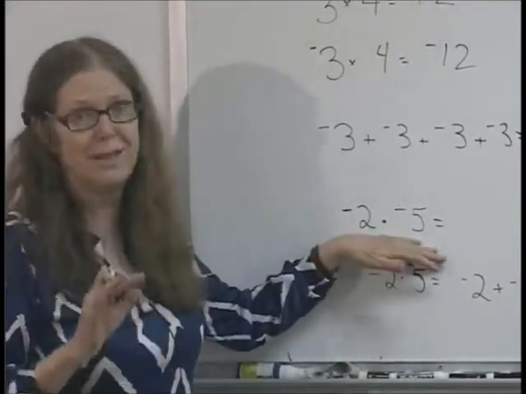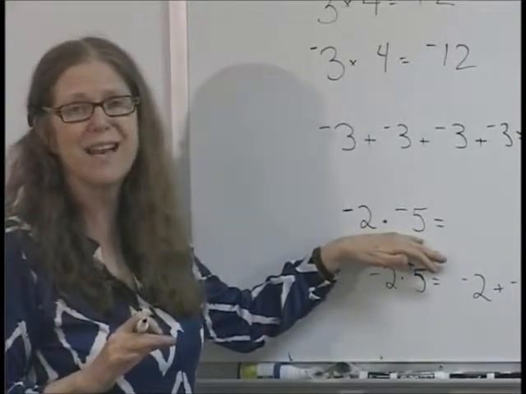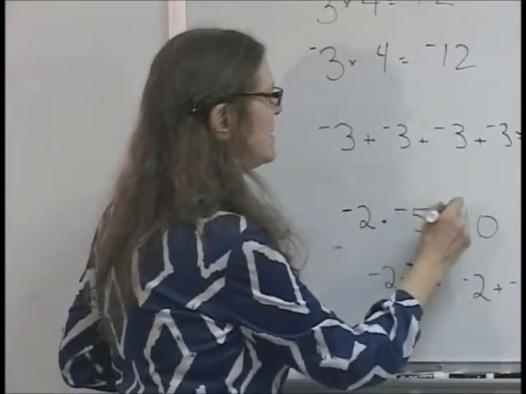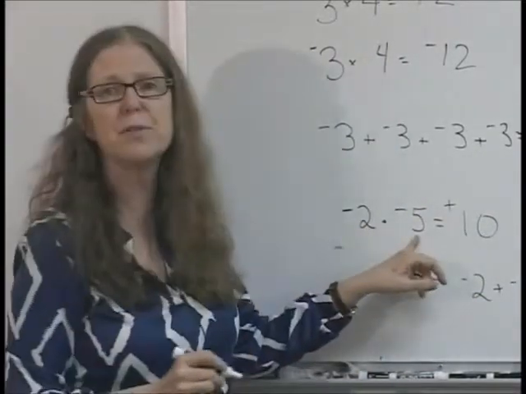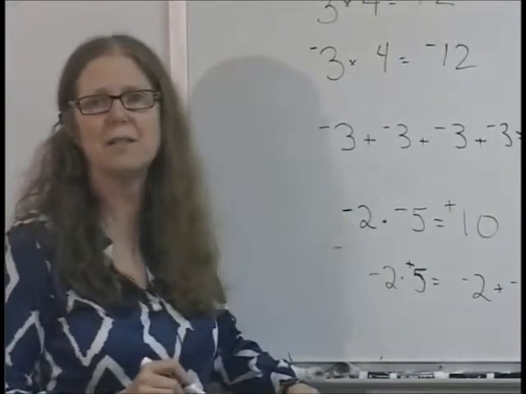So I'm just going to tell you that when you multiply two negative numbers together, they become a positive. You multiply the absolute values, and then the two negatives become positive.